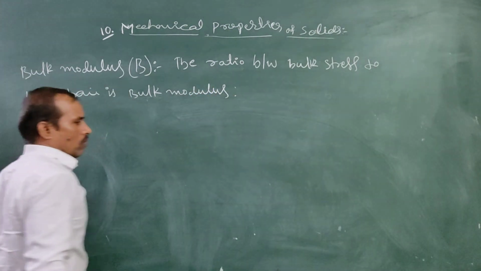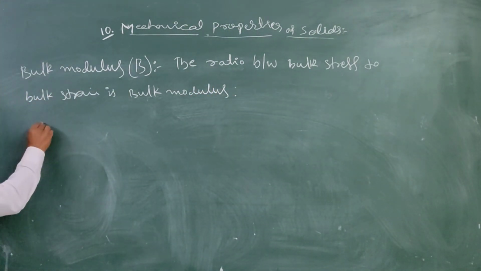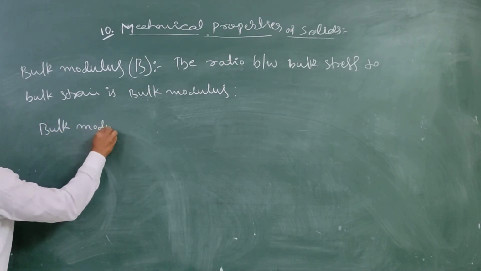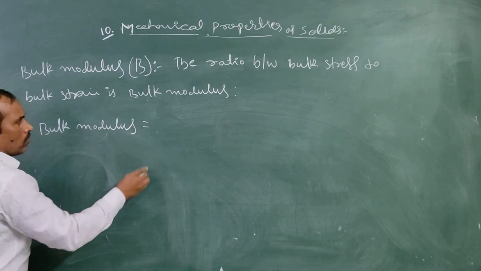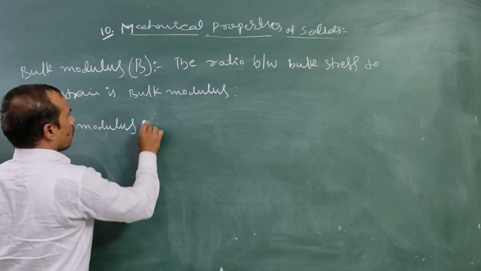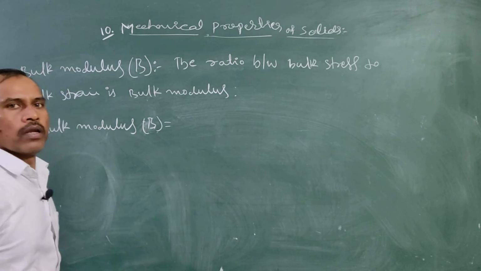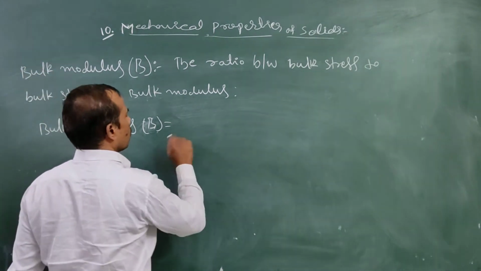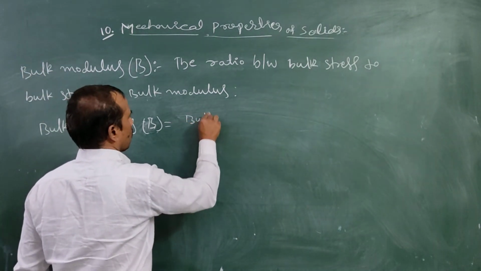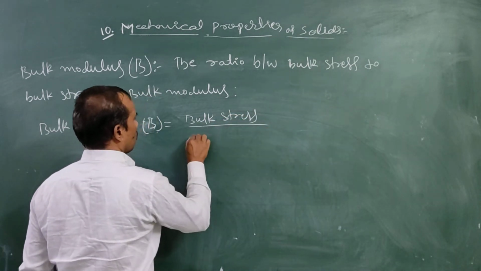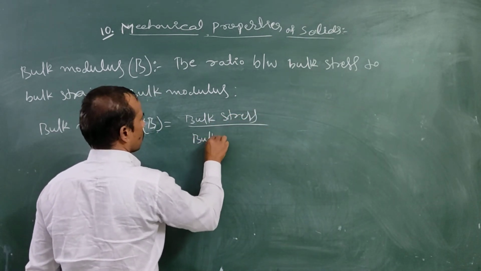So the bulk modulus B is equal to bulk stress by bulk strain.